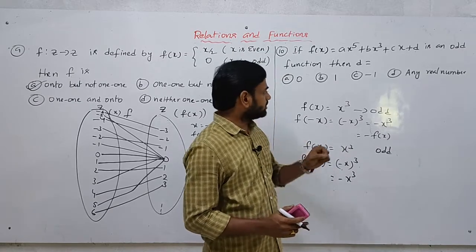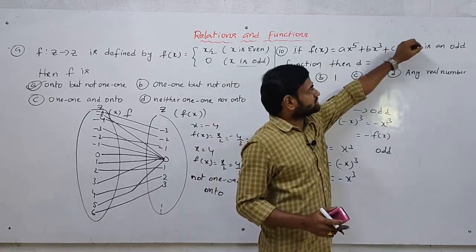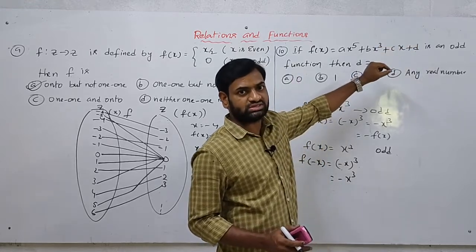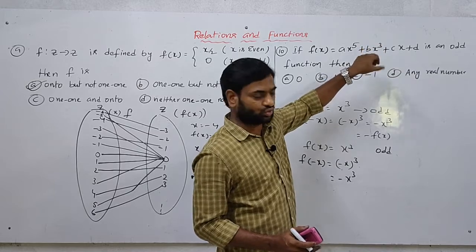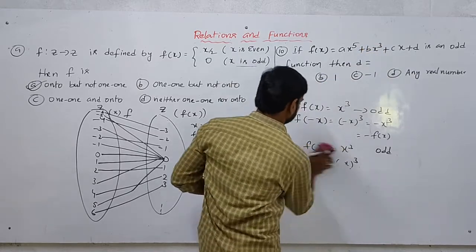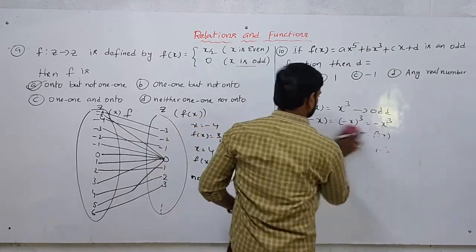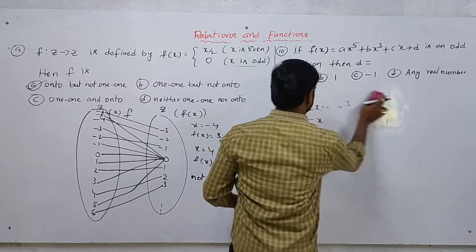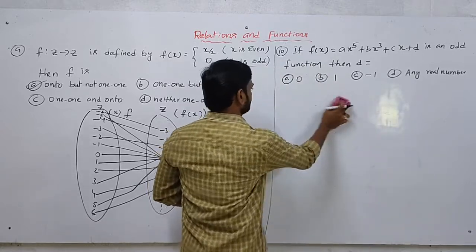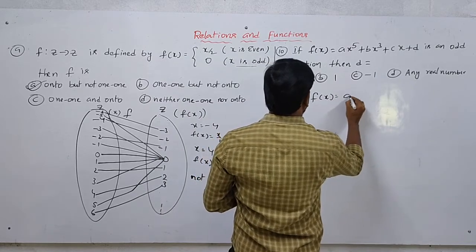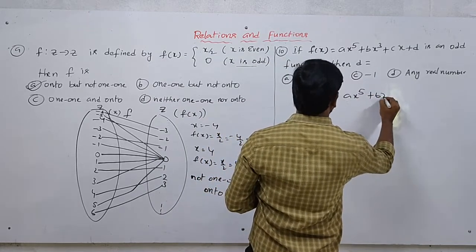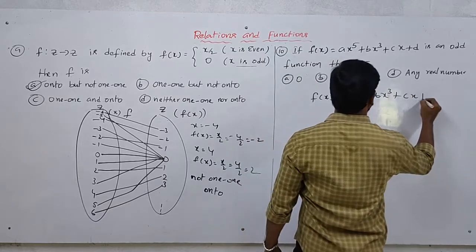So just remember, to prove a function is odd, the constant must be 0. Here the function is f of x equal to ax power 5 plus bx cube plus cx plus d.